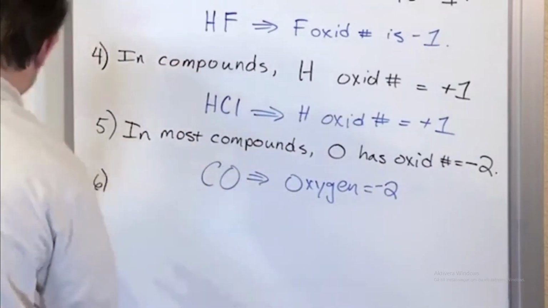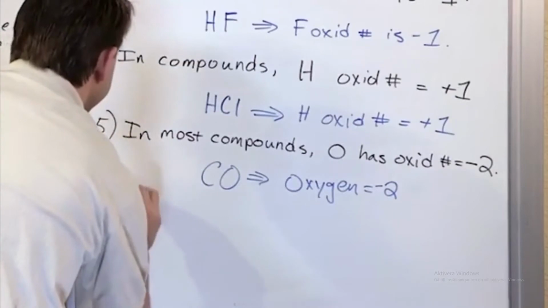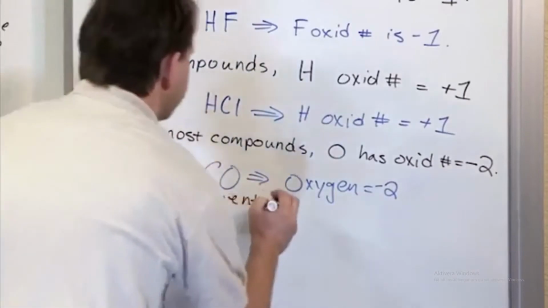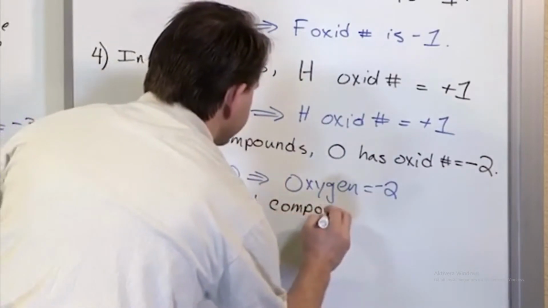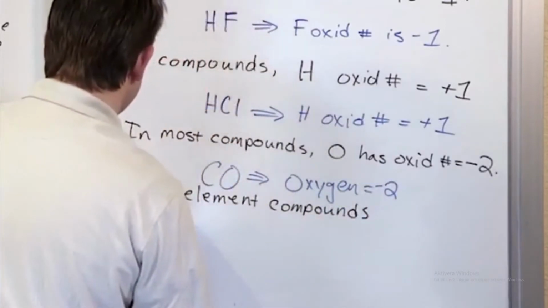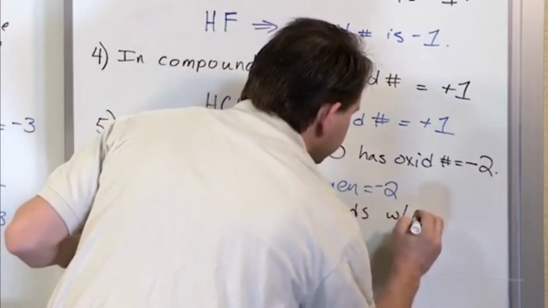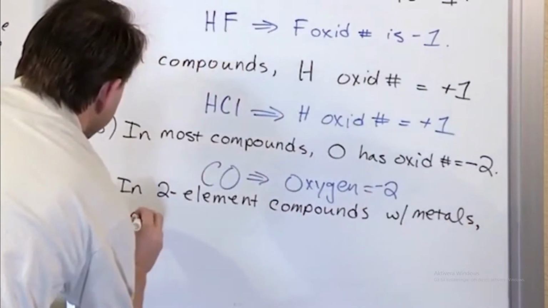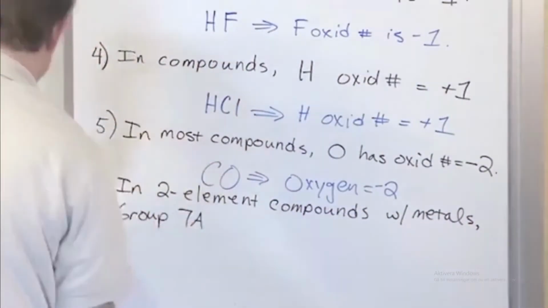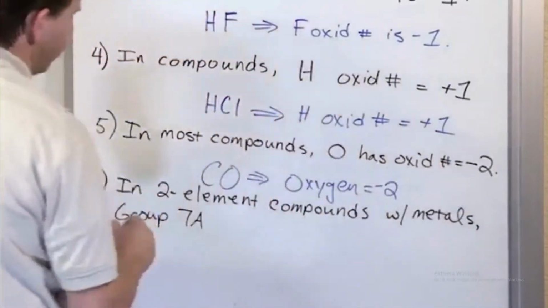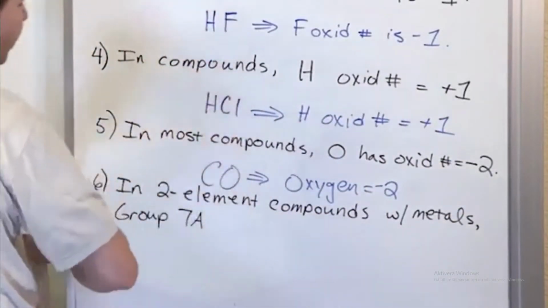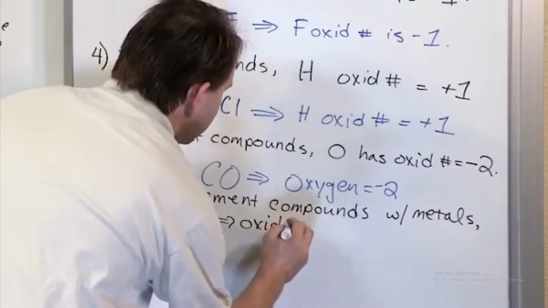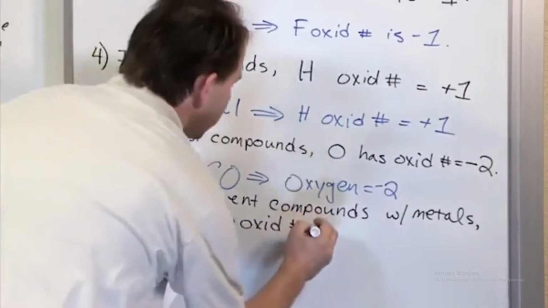6. In 2-element compounds with metals, group 7A elements, those are the ones nearest the noble gases, have an oxidation number of -1.